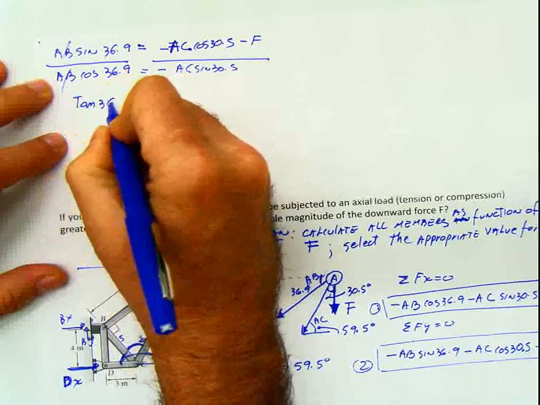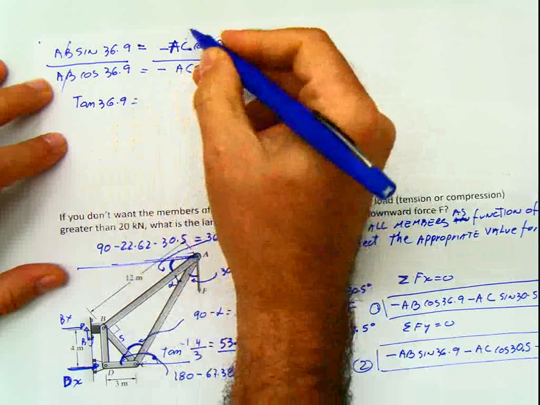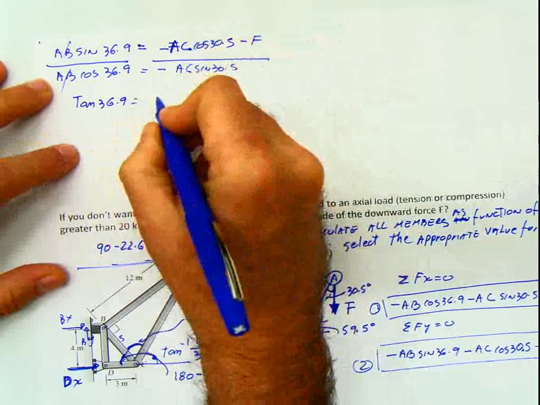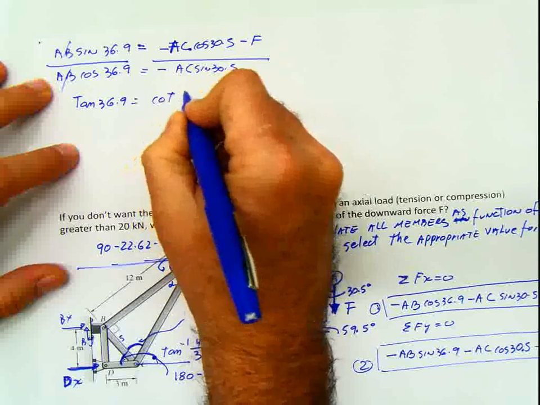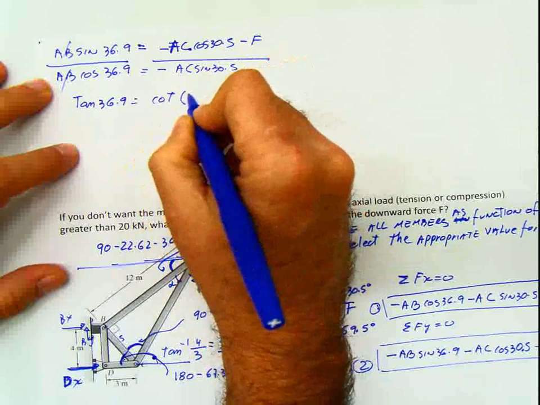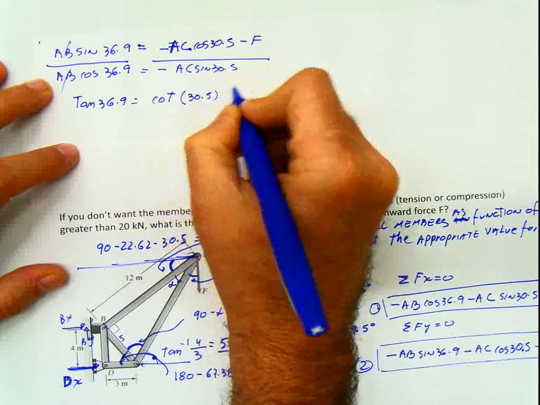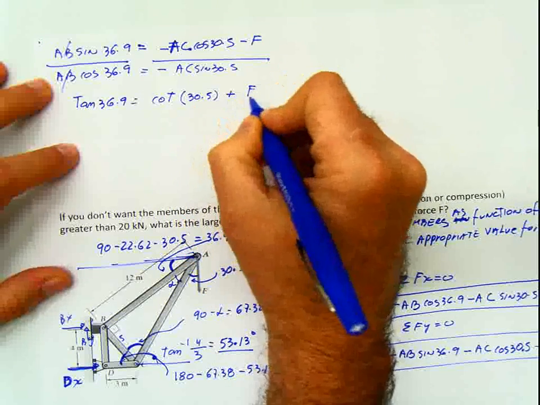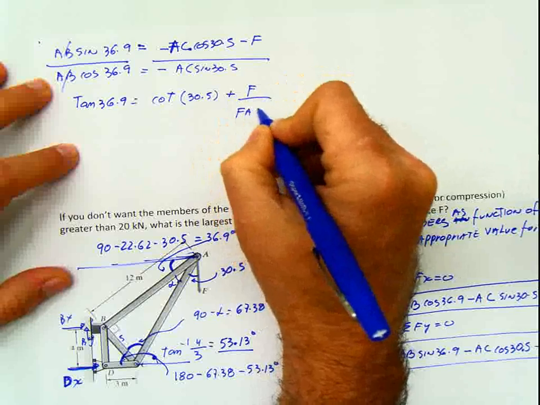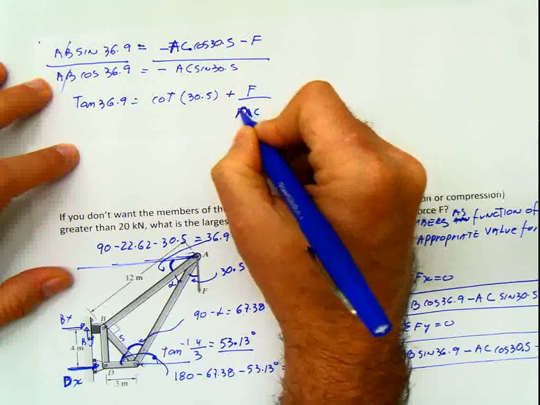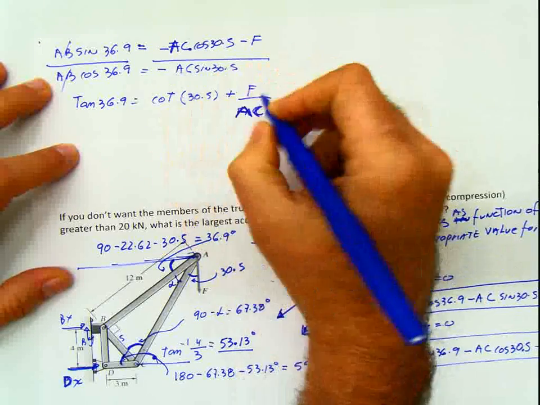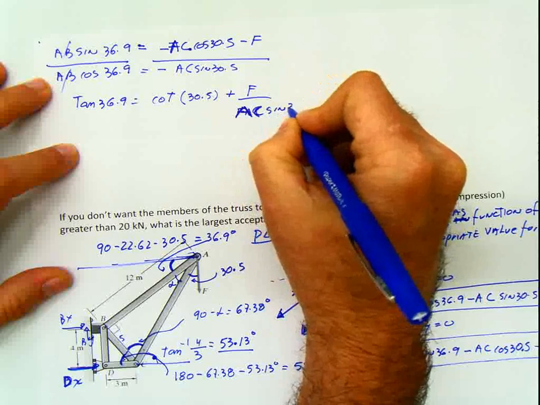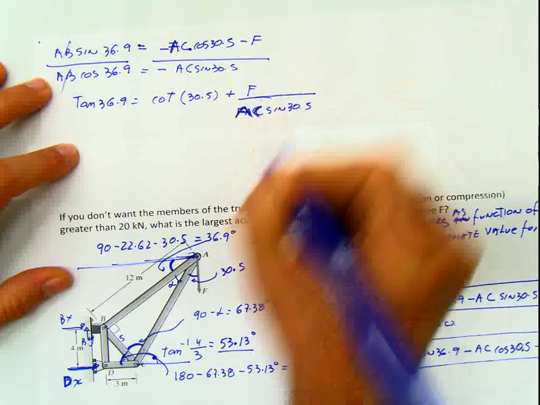of 36.9 equal, this and this cancel out, so this is going to be cotangent of 30.5, and this cancels out the sine, plus F divided by AC, this one, sine 30.5.